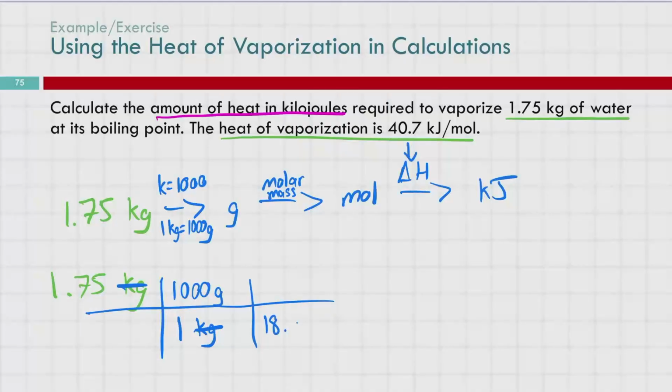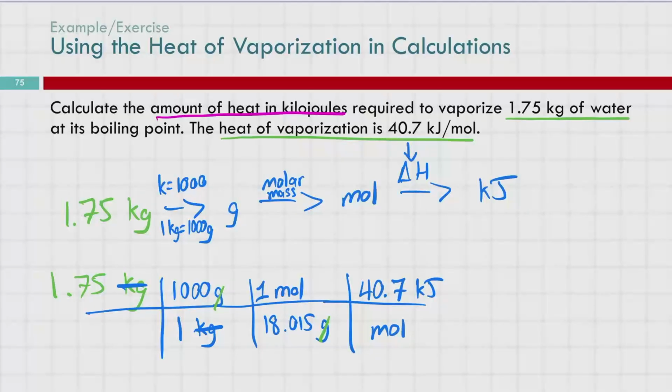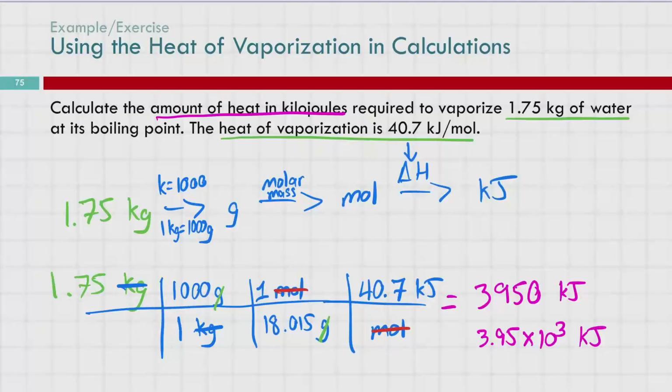Then we're going to divide by our molar mass. That will get the grams to cancel out. And then we can finally multiply by our delta H, or 40.7 kilojoules per mole. Moles cancel, and you should get something like 3,950 kilojoules after you round it off for 3 significant figures, or 3.95 times 10 to the 3 kilojoules.